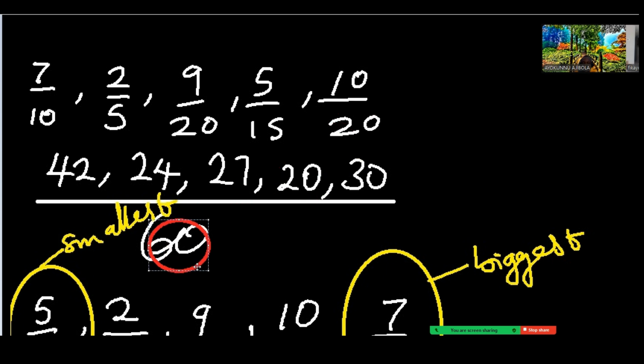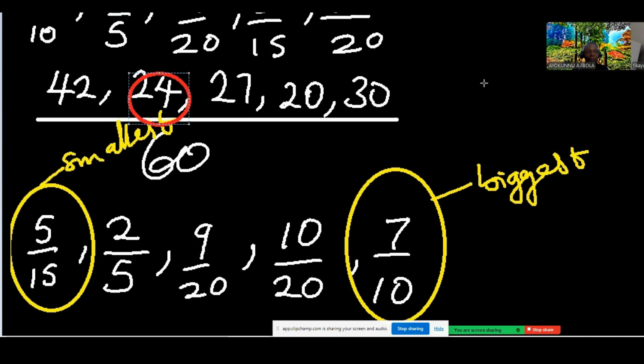Then 20 in 60 is 3. 3 times 10 gives us what? 30. All right.